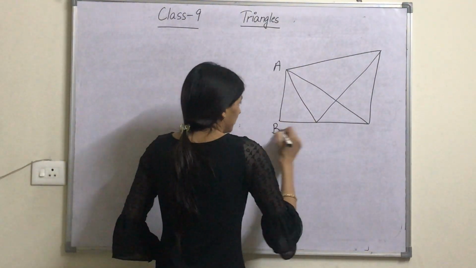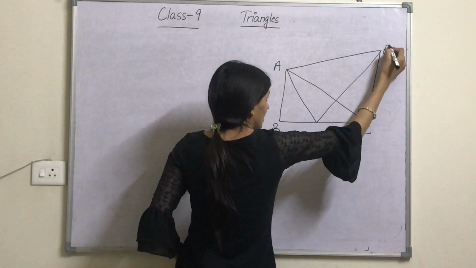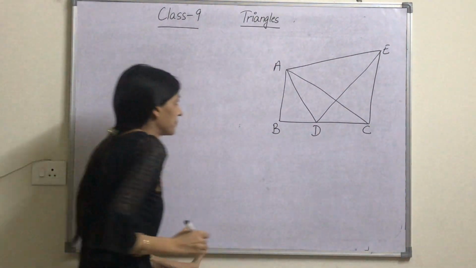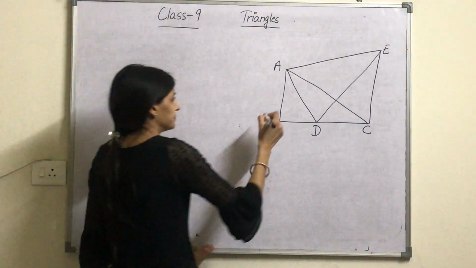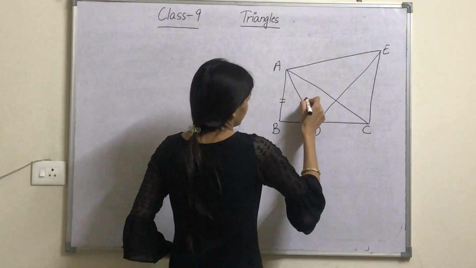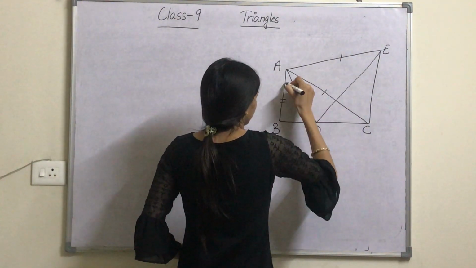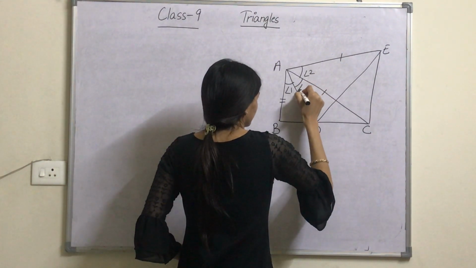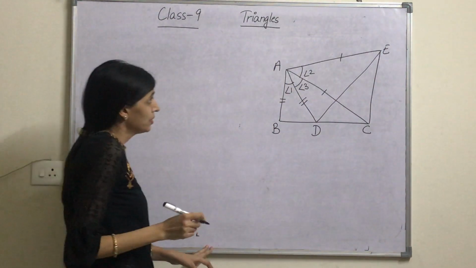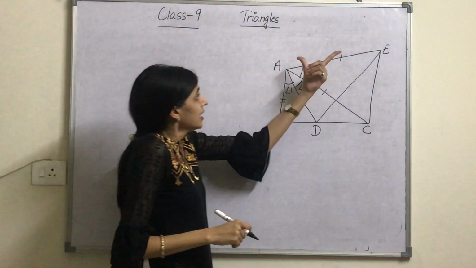A, B, C, E, D. Now, what is given to you?